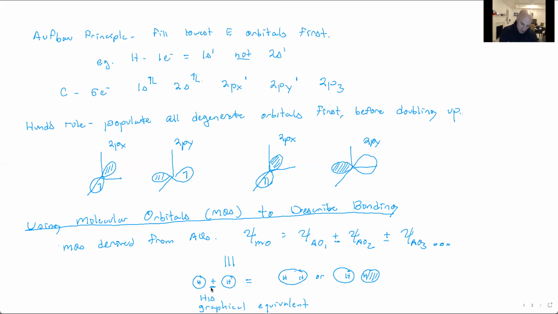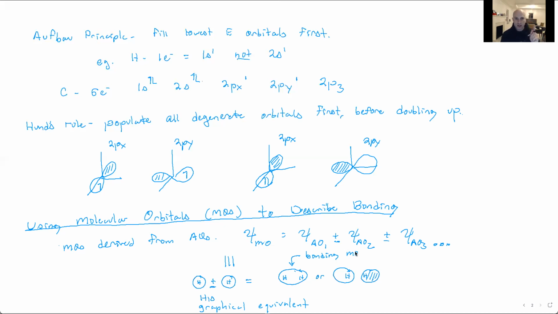I can add them, and I get the orbital in the center here, and we refer to this as a bonding orbital, bonding molecular orbital, or I can subtract them.